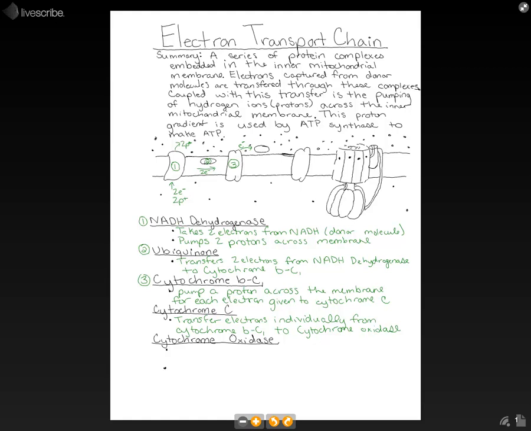And cytochrome oxidase, let's label this one here. For cytochrome C we had right here. Cytochrome oxidase we have here.